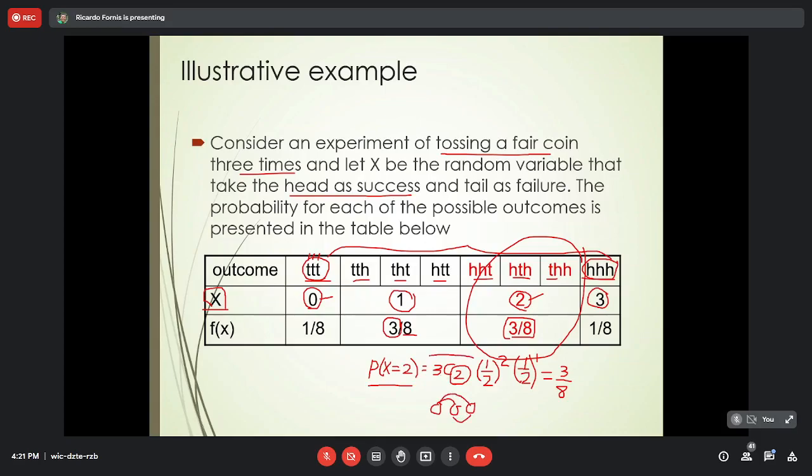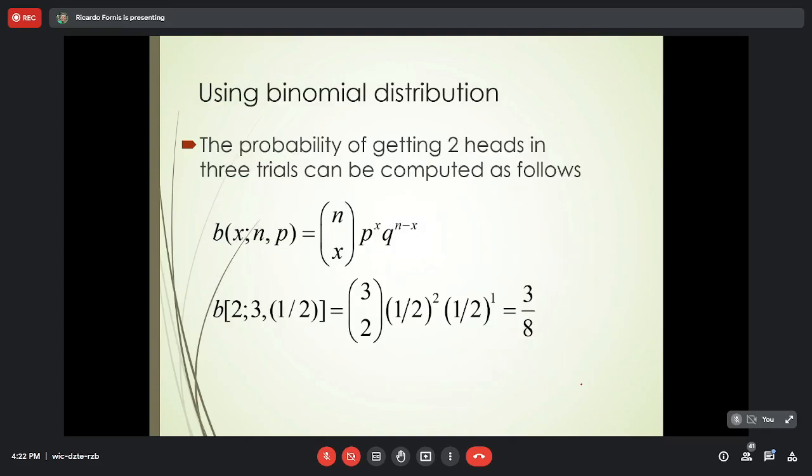This will give us 3. So 3, 2 squared is 4 times 2 is 8. So 3/8. That's binomial distribution. So it's repeated here. Again, this symbol means 3 combined 2, no? Kana nga symbol, that's the same in the calculator as 3 combined 2.